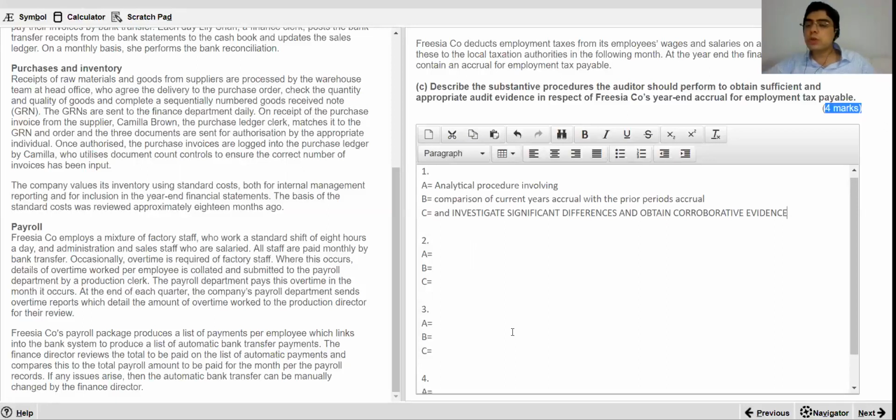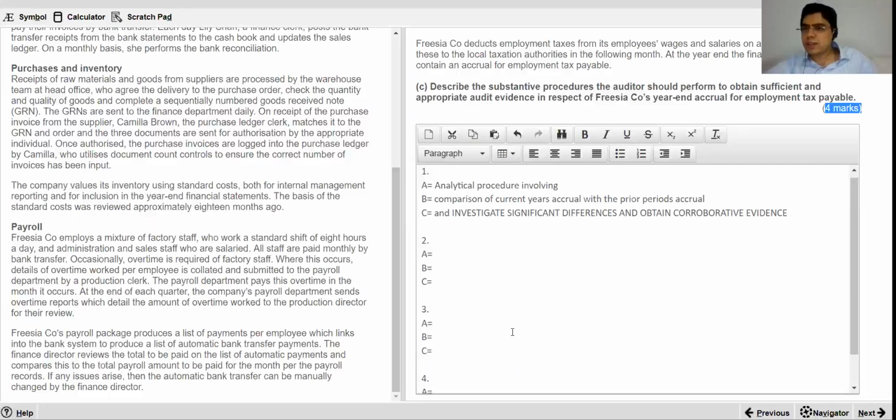So what are you going to do? You're supposed to investigate significant differences, and you're supposed to obtain corroborative evidence, right? That is a standard procedure which you can incorporate in most of your questions. So easy marks.